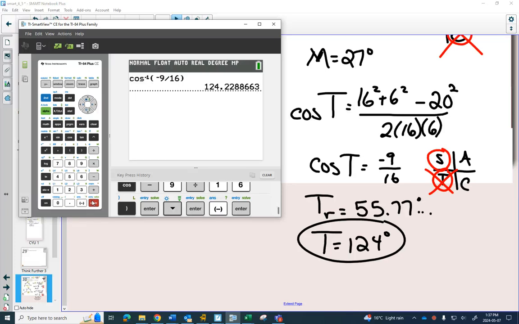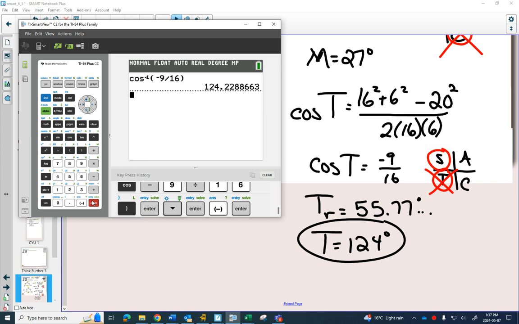But the problem of doing cos inverse of a negative is that you would not be able to easily find the answer in quadrant 3 because you don't have your reference angle. So it is good practice to find your reference angle first and then solve for the angle.